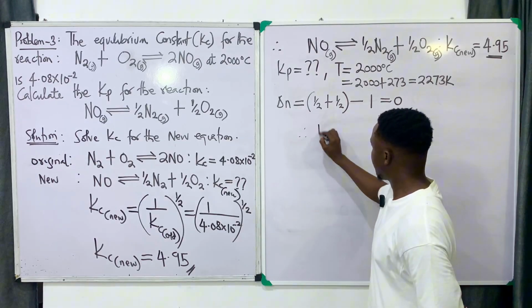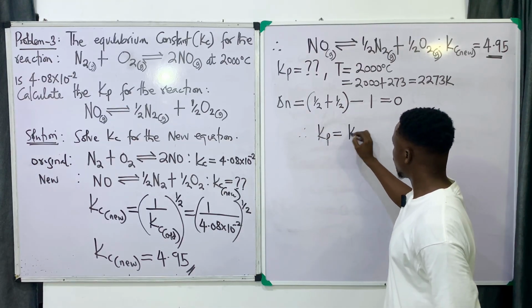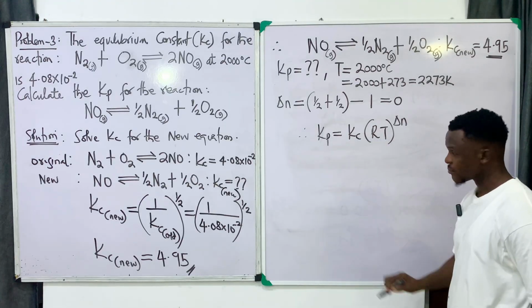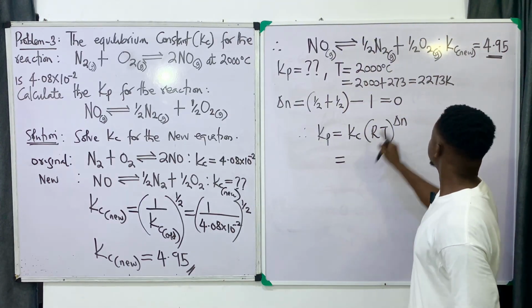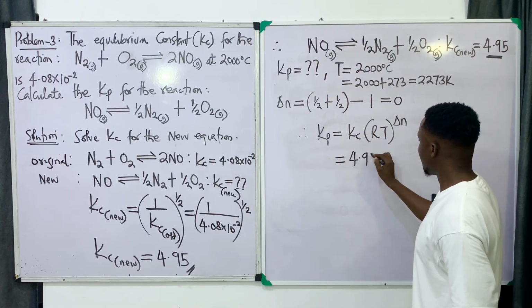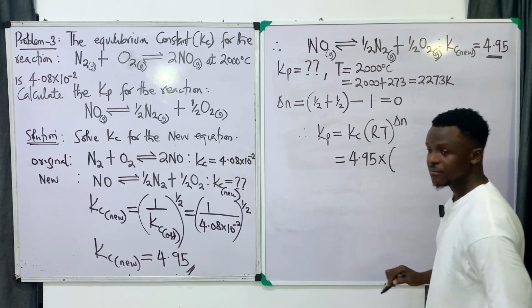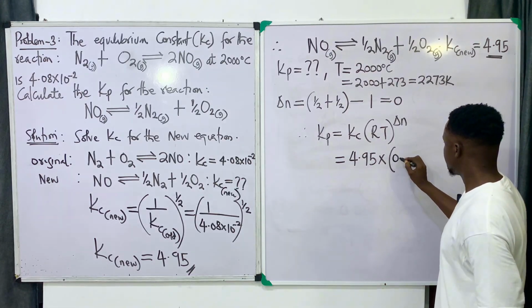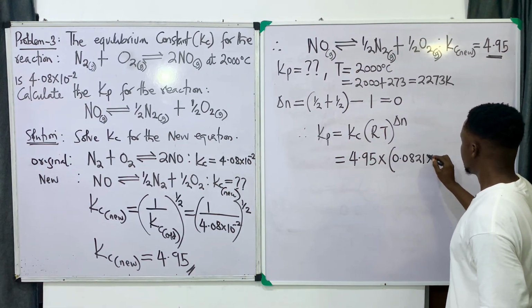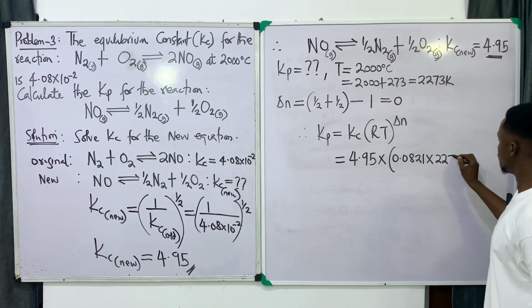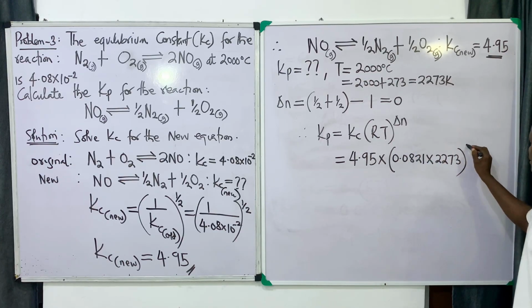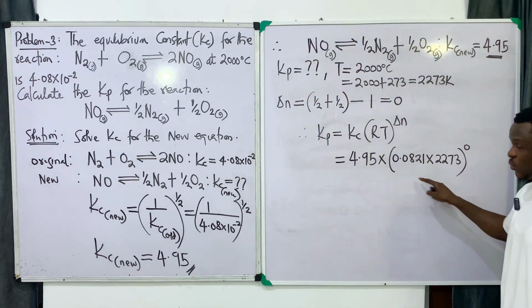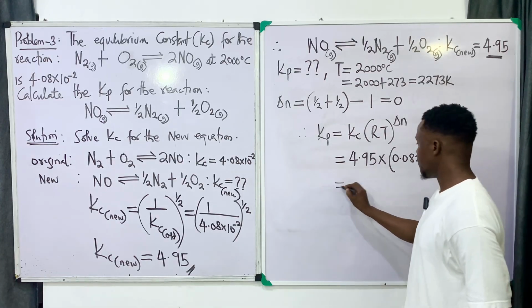So therefore, I'll say Kp, using Kp equals Kc (RT) to the power delta N. So we have our Kc in this case as 4.95 times R. They gave us R to be 0.0821. You don't have to bother yourself with R times temperature, because anything raised to the power of 0 is 1. Everything inside that bracket is raised to delta N, which is equal to 0, so it is 1. So you don't really have to bother yourself here. Kp is 4.95. So that is how we got the Kp for that reaction.